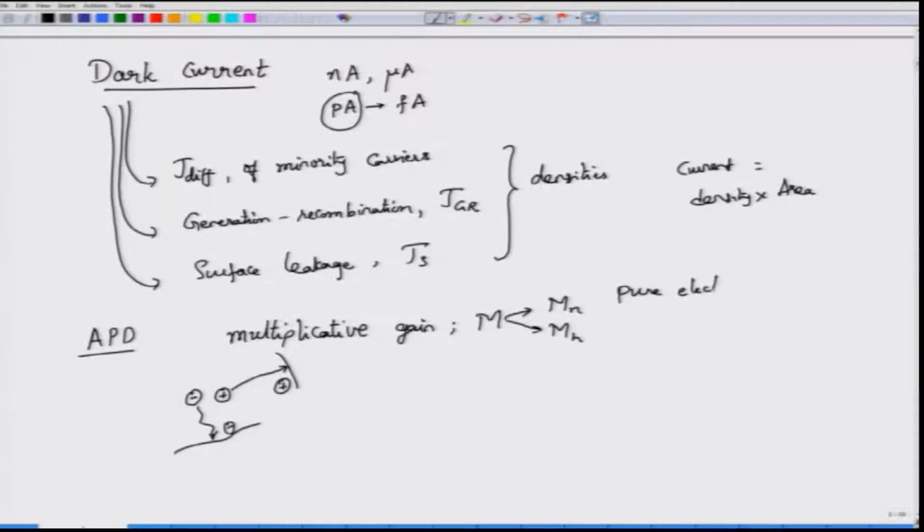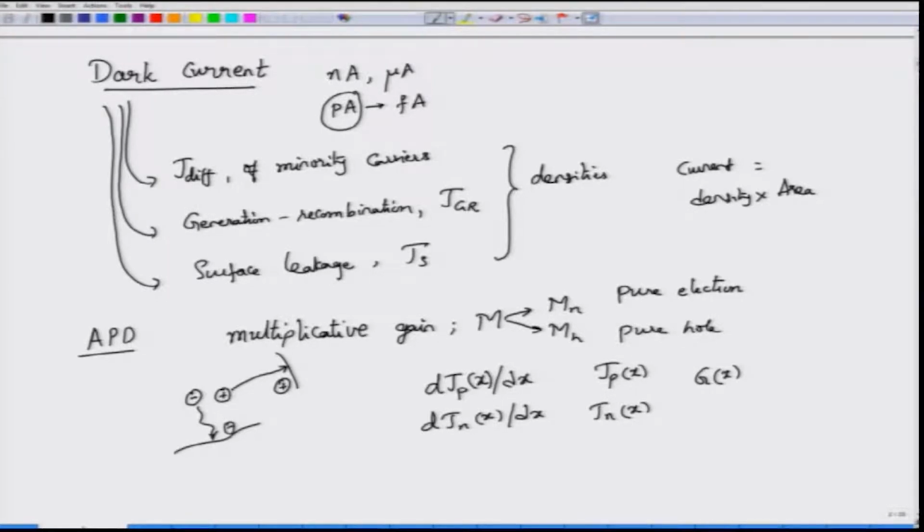But briefly, the idea is that you evaluate Mn by assuming pure electron injection and determine Mh by pure hole injection, and then look at the concentration gradient of the holes or the electrons. The concentration gradient is dJ by dx. So you look at the concentration gradients and relate these to the densities Jp and Jn of the hole as well as the electron currents, plus whatever generation rate is happening inside the photodetector. These two are essentially functions of all these parameters.